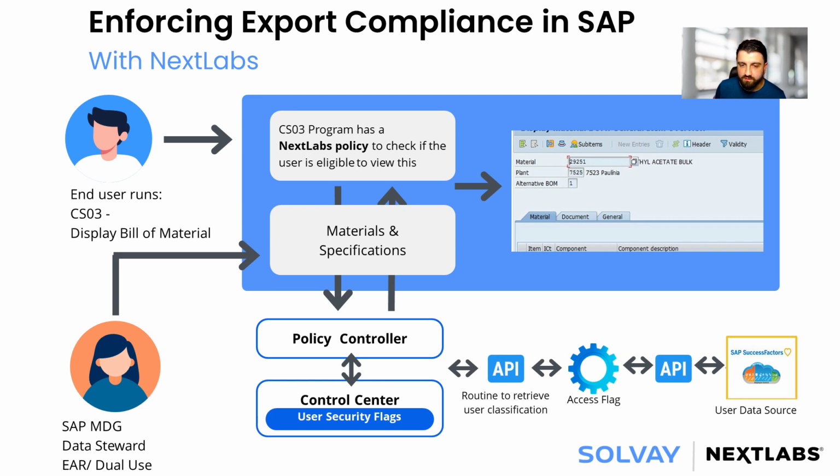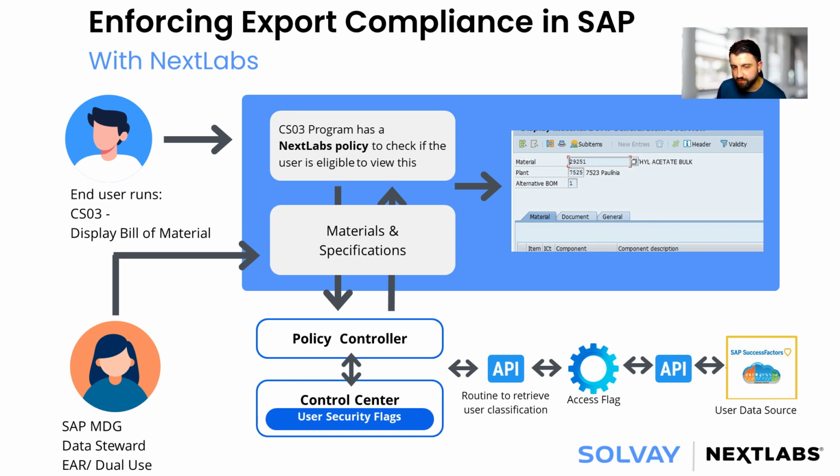What's going to happen then? There's going to be a communication with the policy controller and finally the control center. Remember, the control center is orchestrating everything. You have the policies, which have the logic to either deny or grant access to the data.